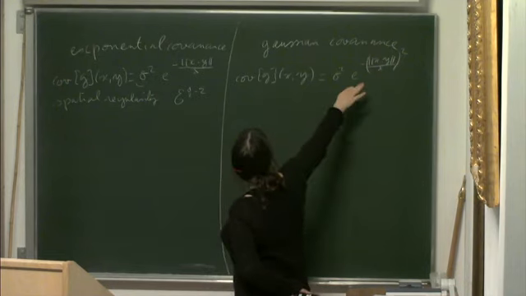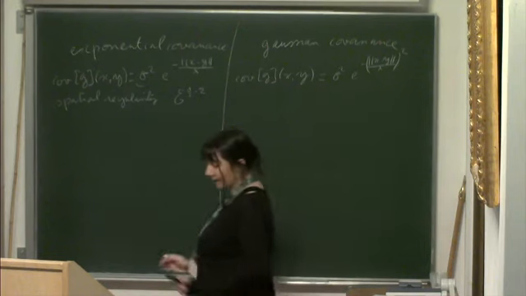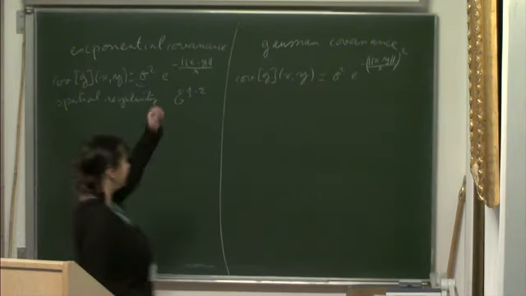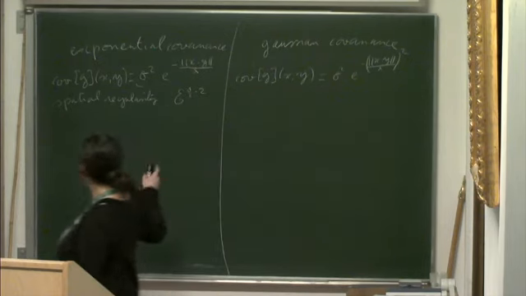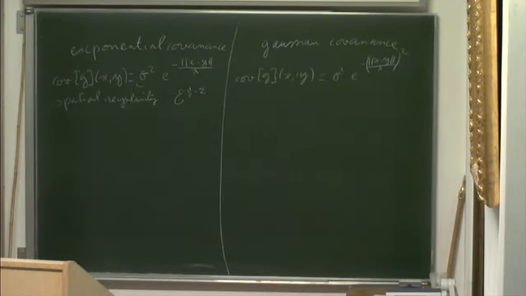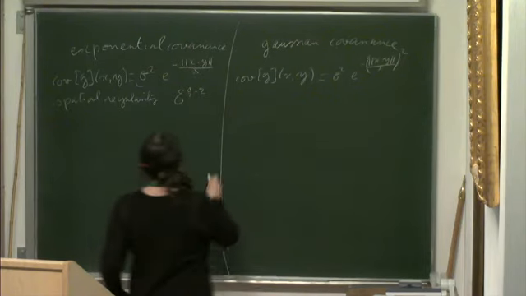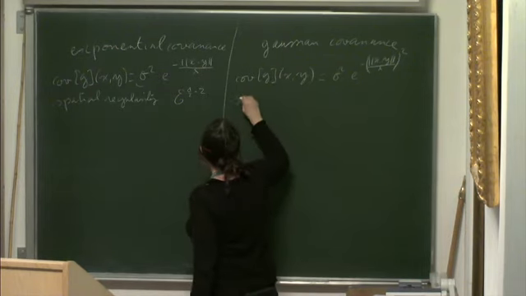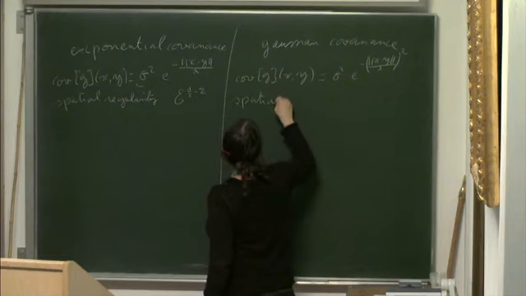Whereas in the Gaussian covariance case, you have a lot more regularity because k is a very smooth function of x minus y. You can apply a similar proof, and you get that the spatial regularity is C infinity. So you can see that there is a big difference in terms of spatial regularity.